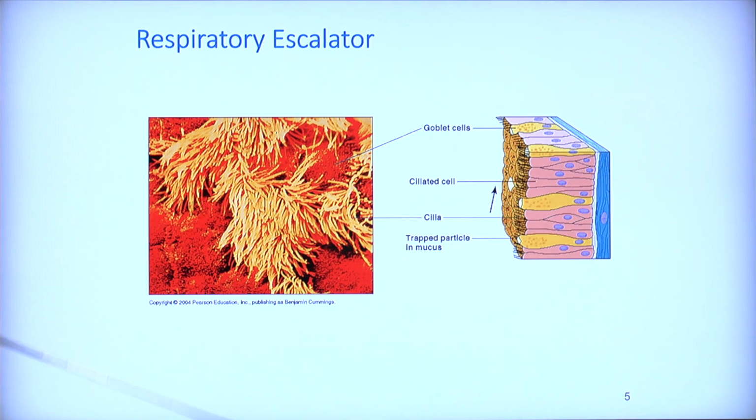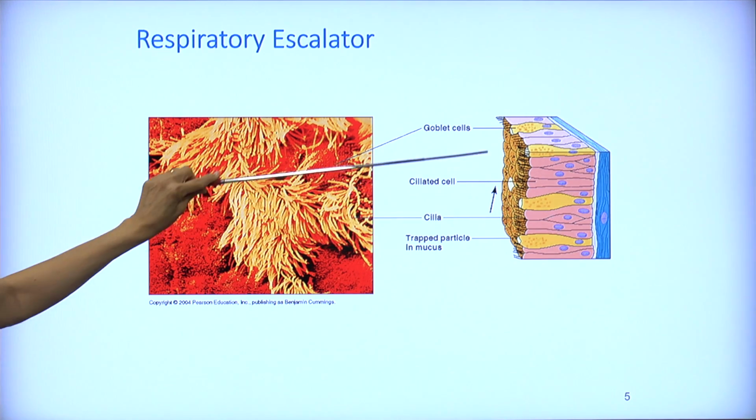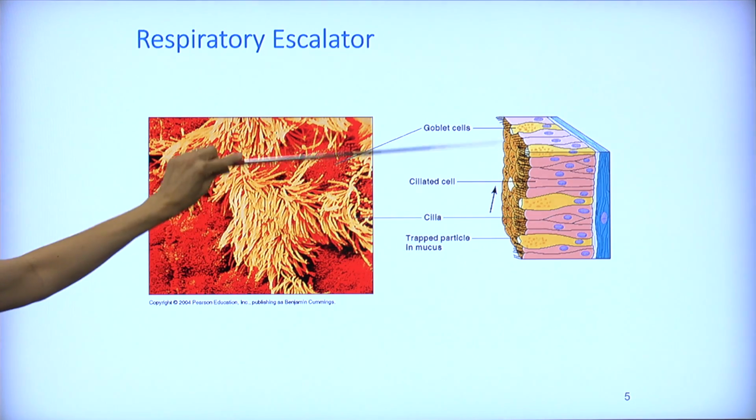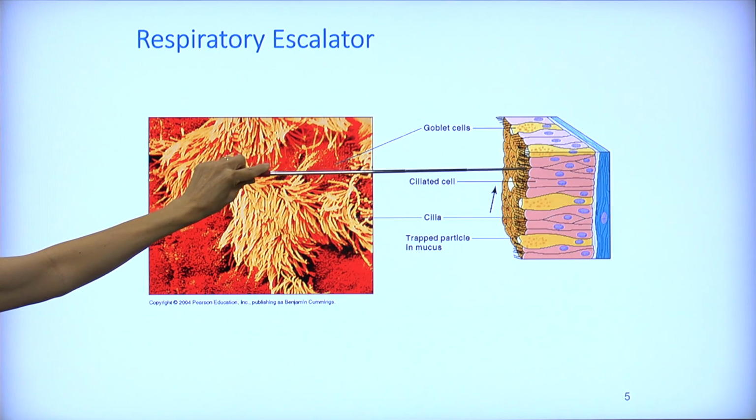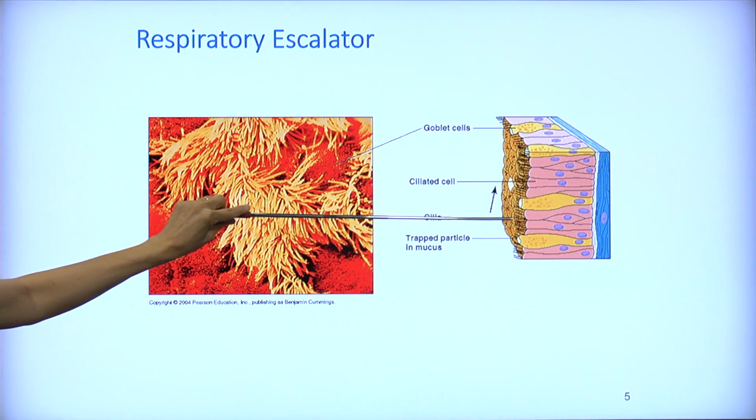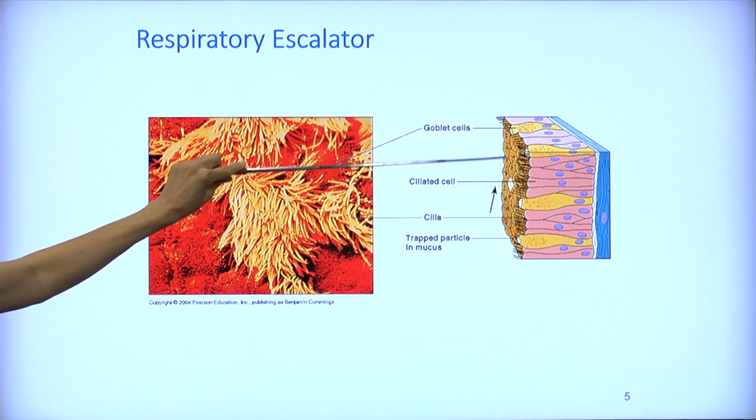Not to forget the respiratory tract. In the upper respiratory tract, we have the mucociliary escalator, which is in the lining epithelium of the respiratory membrane. We have the pseudostratified columnar ciliated epithelium, which has the cilia.